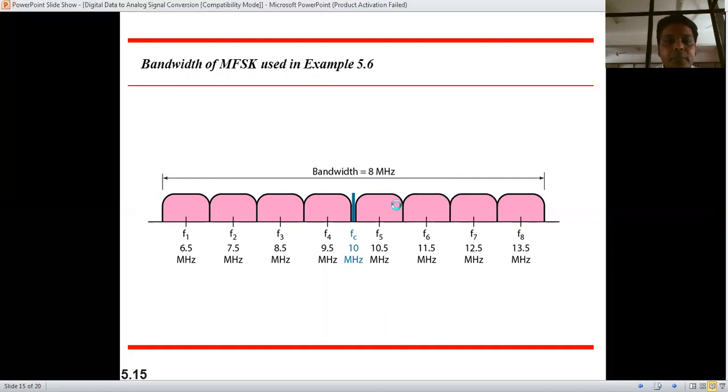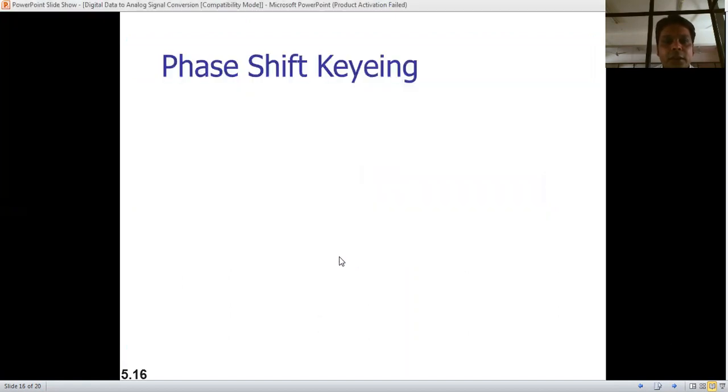So that's about the bandwidth of multi-level frequency shift keying. Now we'll go to the next digital data to analog signal conversion technique, that is phase shift keying.